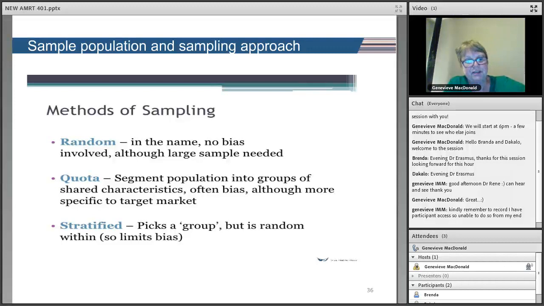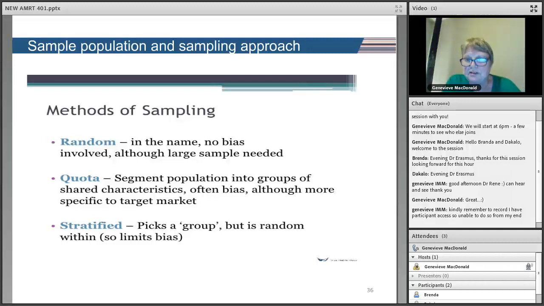Quota means segmenting the population into groups of shared characteristics. For instance, you are looking at how people view a specific product across different age groups. You can have a quota, say 10 people from teenagers, 10 from early 20s, early 30s, early 40s.